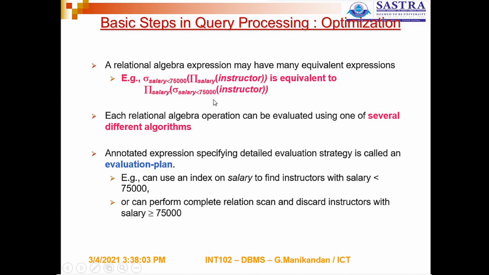Now you can evaluate this using different algorithms. You can have an index for the salary field, perform a search based on the index, and retrieve the appropriate records. Or you can perform a complete search of the instructor table and then retrieve the appropriate records. These are the various options you have for identifying and retrieving the records.